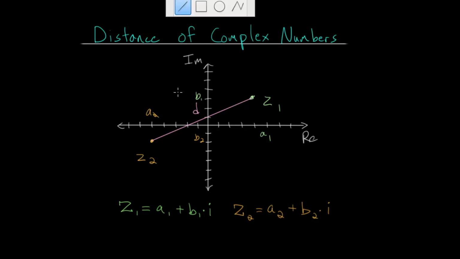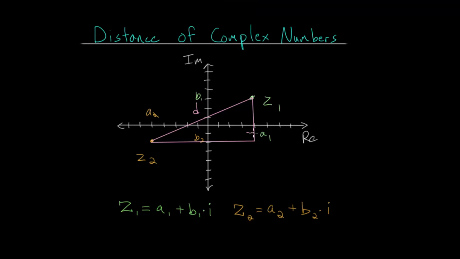So when decomposing this into a right triangle, the vertical line starts at the imaginary part of Z1 and goes down to the imaginary part of Z2. And then the horizontal line, which will be perpendicular to this vertical component and parallel to the real axis, will start at a real part of a1 and go over to a real part of a2.